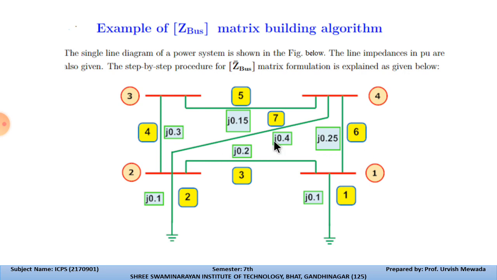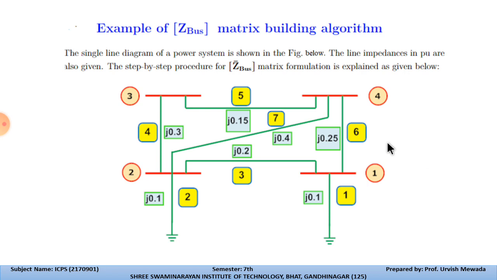These are called the links. They connect each and every bus bar or generating station with each other with the help of lines, and these are the line reactances: j0.3, j0.15, j0.4, j0.25, j0.1, j0.2 and j0.1.